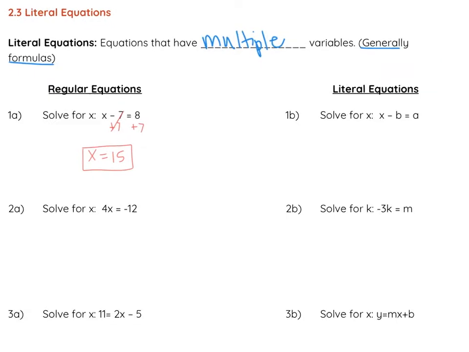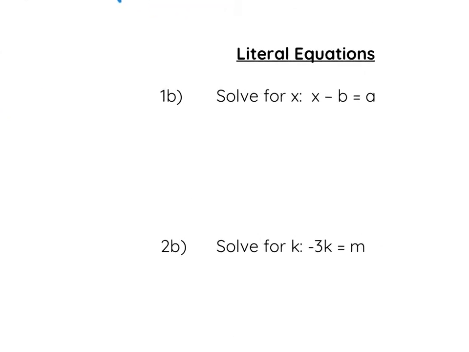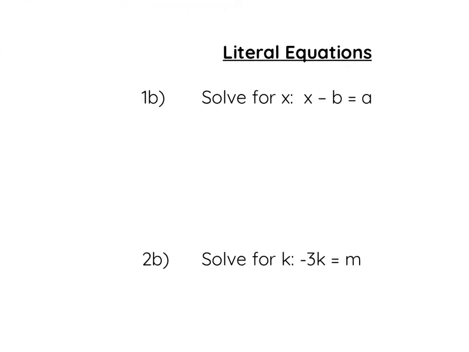Over here in 1b, we're going to essentially do the same thing. But notice, this time, there are no numbers, just a bunch of variables, x, b, and a. We want to solve for x. That means the x we want to get by itself. Well, the thing that is with the x right now is a minus b. In order to move minus b, we need to add b to both sides.